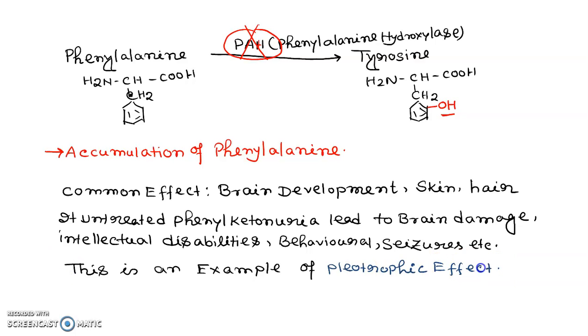And here the pleiotropic gene is PAH, phenylalanine hydroxylase.